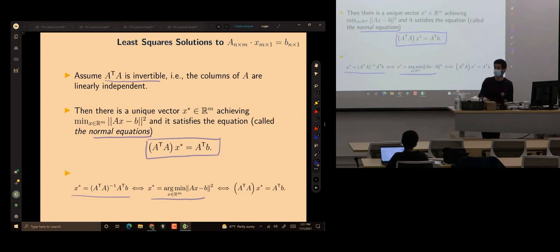So this is not the solution, right? Why is this not the solution? You're saying because we have more rows than columns.